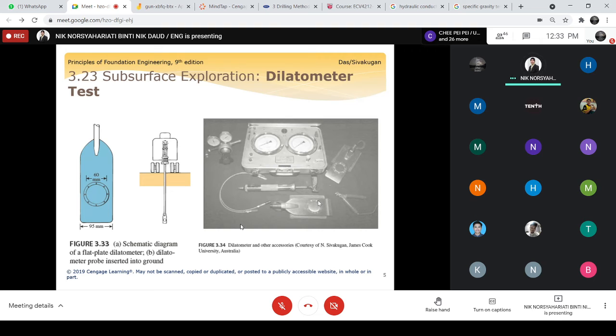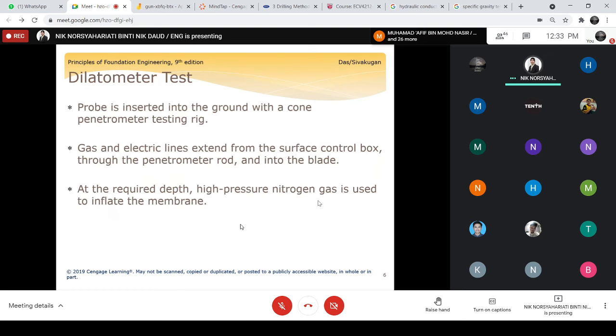Then we have the dilatometer test, which is, again, a way to get data for subsurface investigation. The step-by-step explanation you can have a look at in your MindTap. Maybe you want to highlight that the probe is inserted with transmitter gas and electric lines.